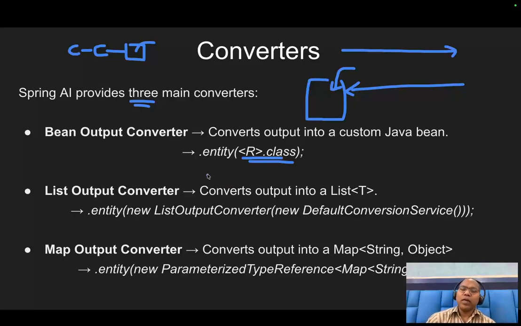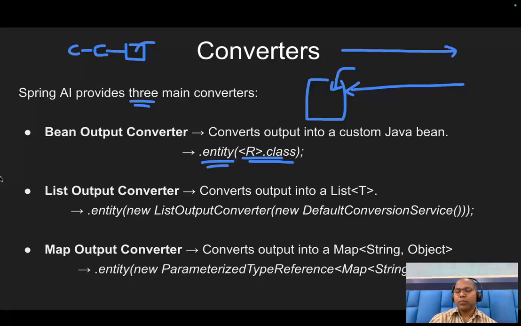Normally when you call the GenAI, the response comes in a particular object, and that object has methods like content, get response, get result. Similarly, one method introduced in Spring AI is entity. You just tell the entity, hey, this kind of entity I want.